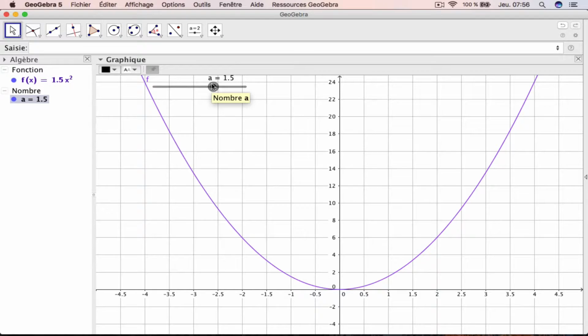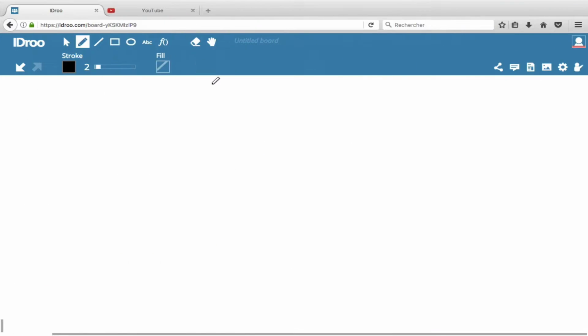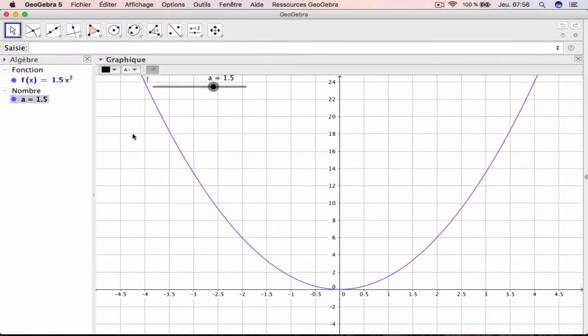Okay, let's have a look about other operations. But as I said, let's start with the geometric observations.